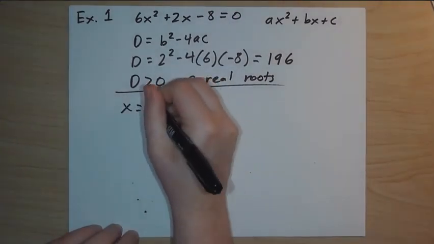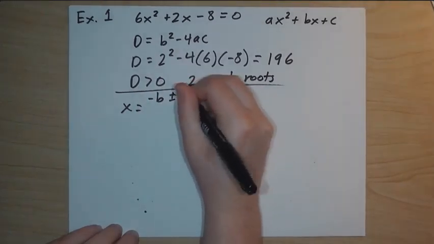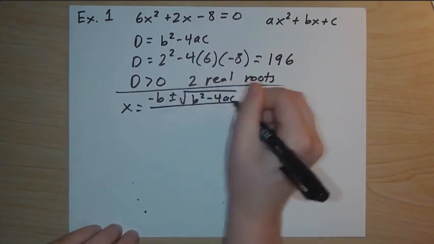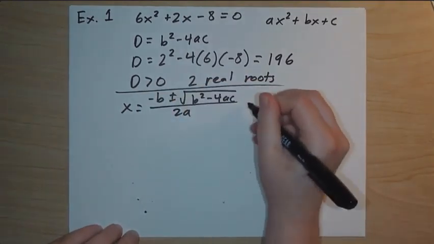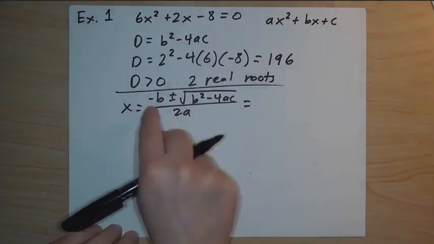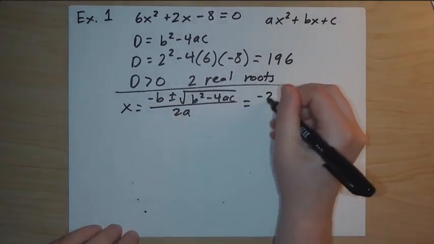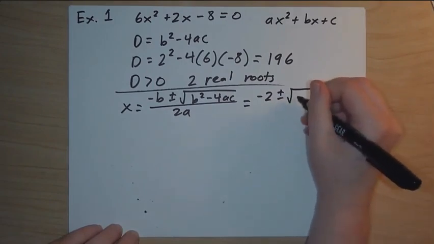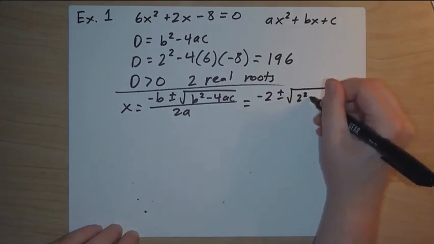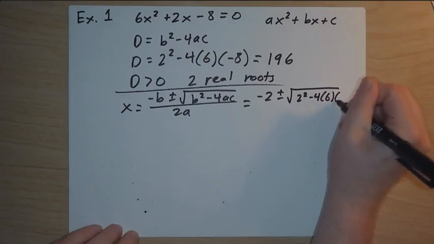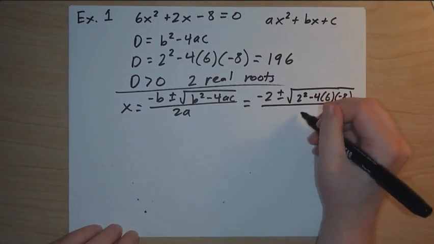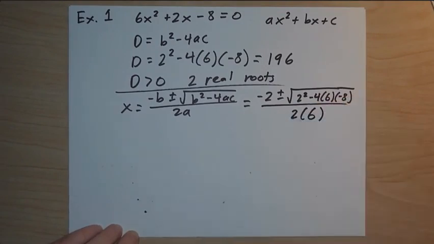So x is equal to negative b plus or minus the square root of b squared minus 4ac, divided by 2a. If we plug things into this equation, we have negative b, which is negative 2, plus or minus the square root of 2 squared minus 4 times 6 times negative 8, divided by 2 times a, which is 2 times 6.